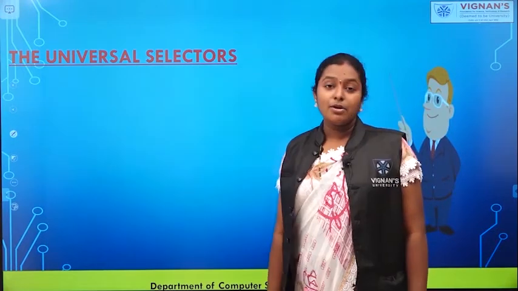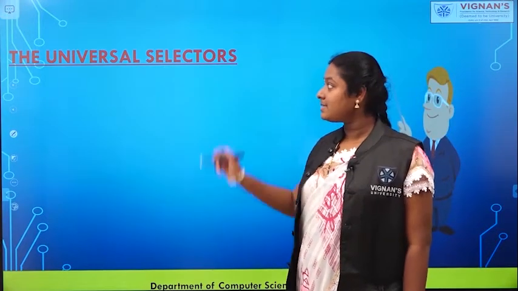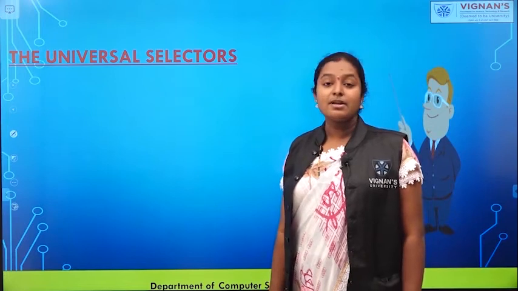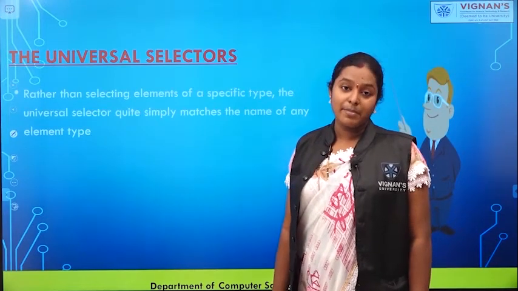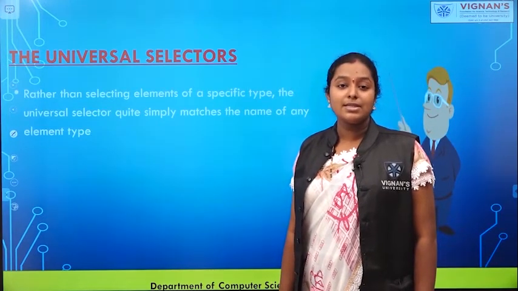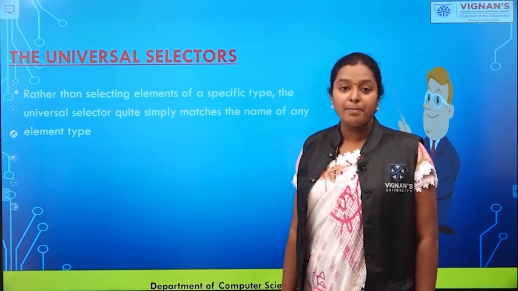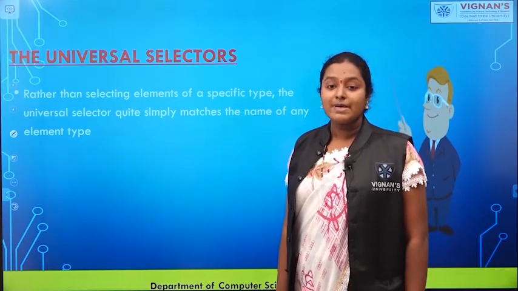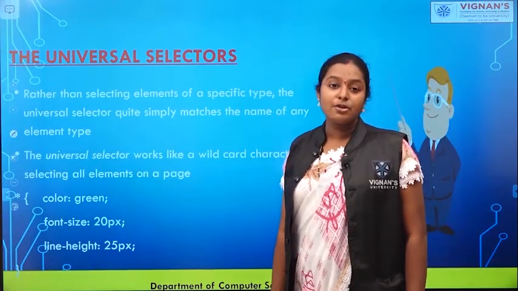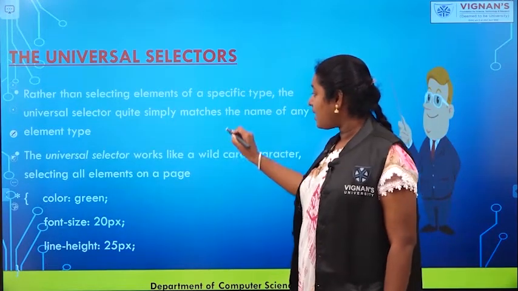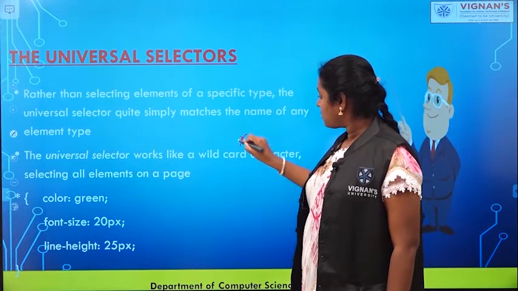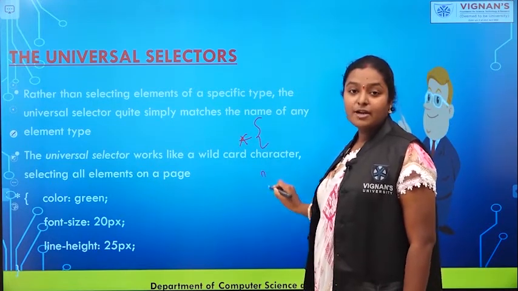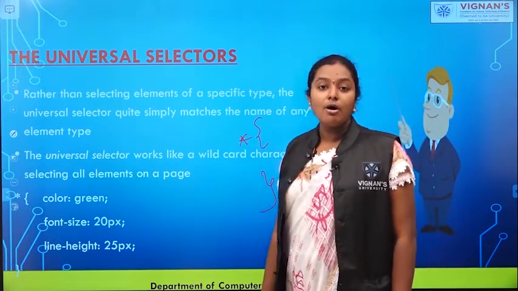Instead of selecting a single element in a web page, you apply styles to all the elements in the web page with the help of the universal selector. The syntax is a star followed by the different properties you want to apply to all the elements.